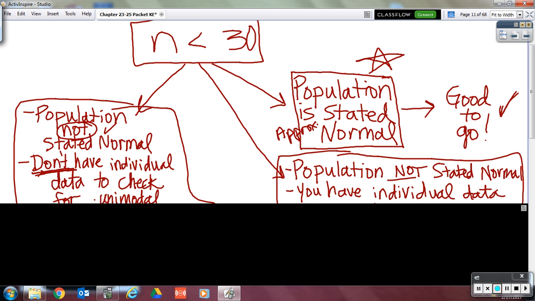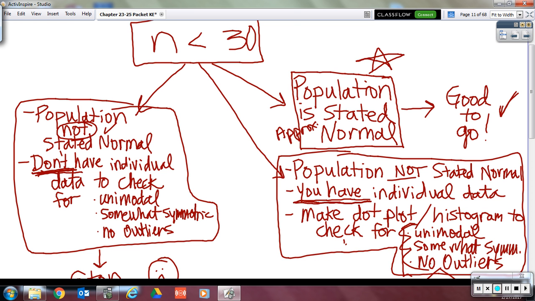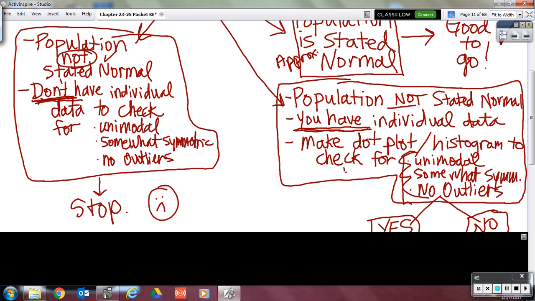If you have the individual pieces of data, then you can examine them and see if they look pretty nicely shaped. If they look pretty good to go, if they're unimodal, symmetric, somewhat symmetric, and no outliers, I've achieved what I need. If you don't have individual data to check for this unimodal, somewhat symmetric, and no outliers, then essentially you do have to stop.